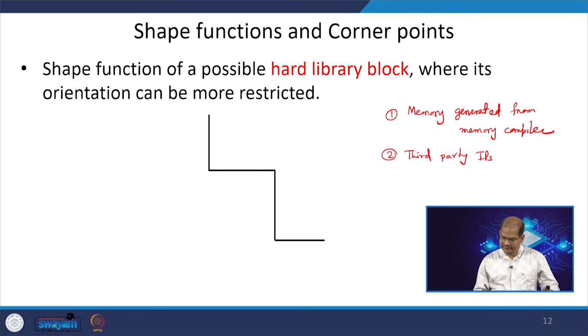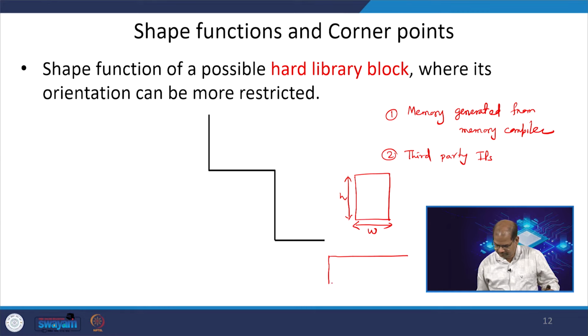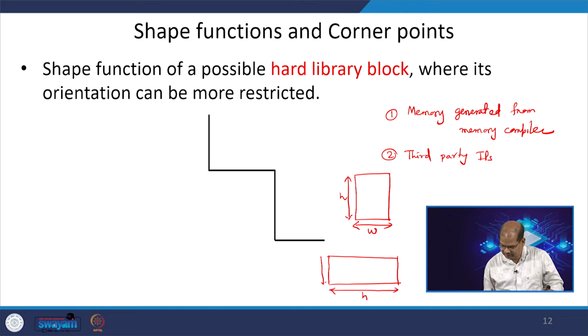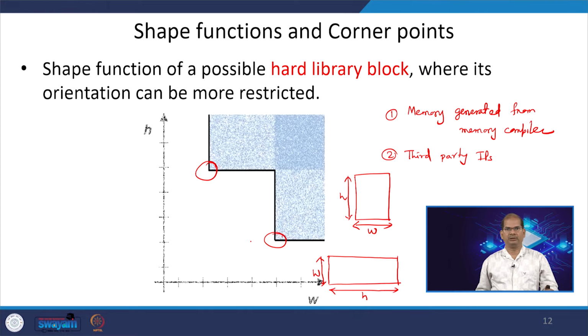Why two orientations? My block can be laid out like this, where this is my W and this is my H, which is one possible combination, one orientation. Or I can put it horizontally, where this is my H, same as the previous one, and this is my W. So, there are two possible points in my shape function for the hard IP.